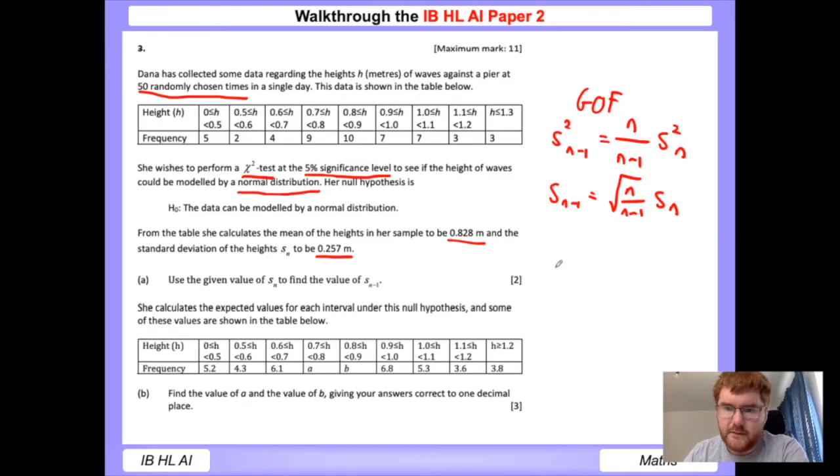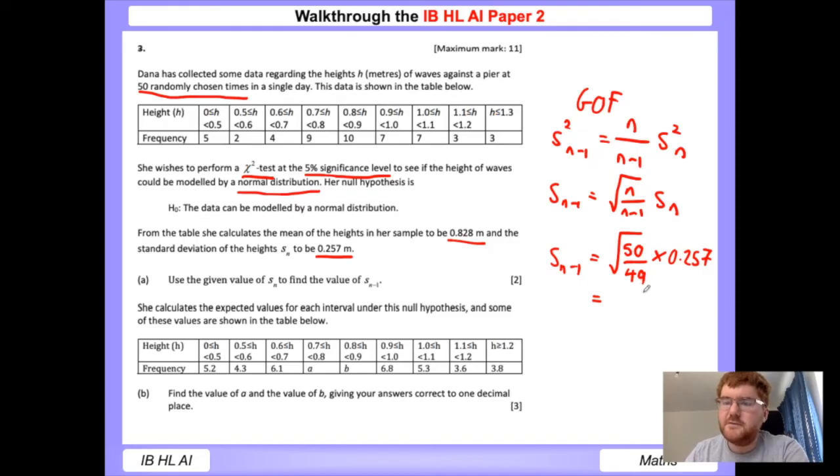So we're looking for Sn minus 1. What n, remember, is the total number of observations, so that's 50. So we get the square root of 50 divided by 49 times what we're given, which is 0.257.